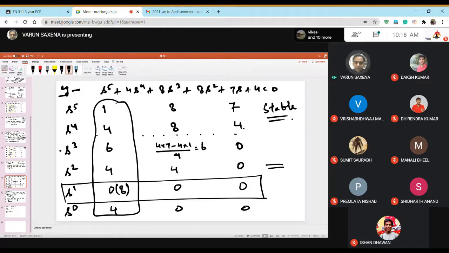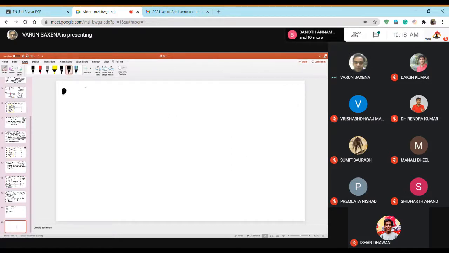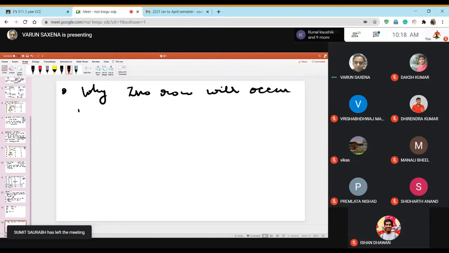Okay, so I have given you one question to ponder over, and the question is, why is it that when the entire row is 0, it will always be at an odd power of S?